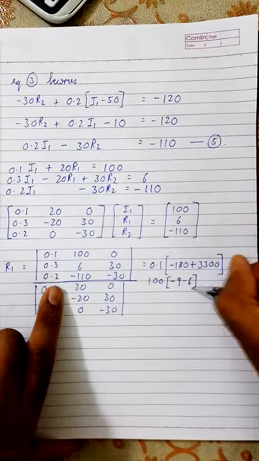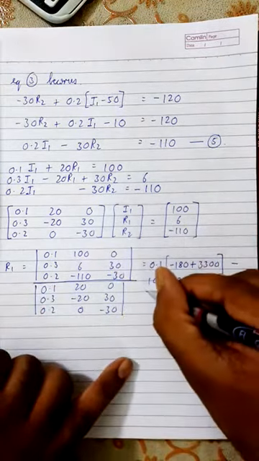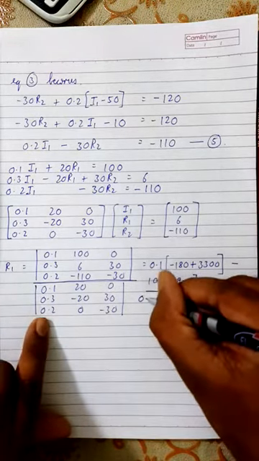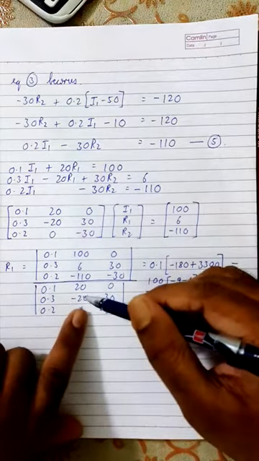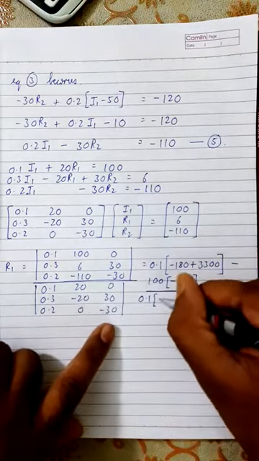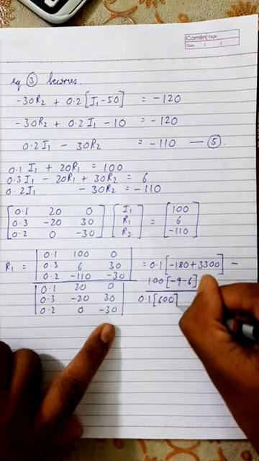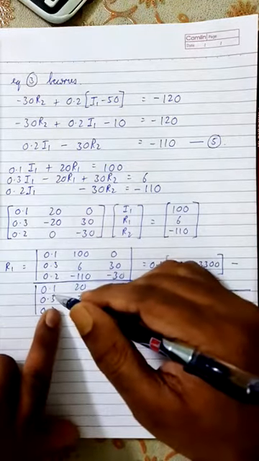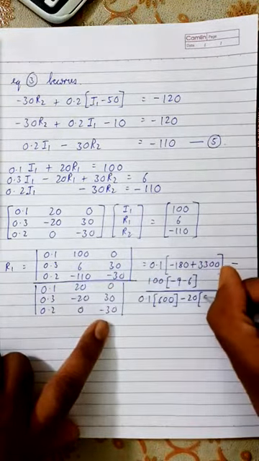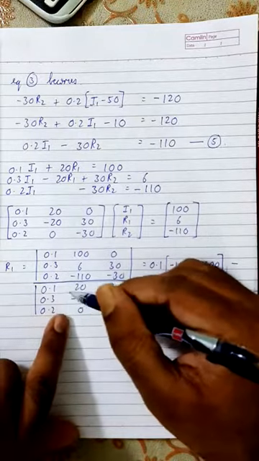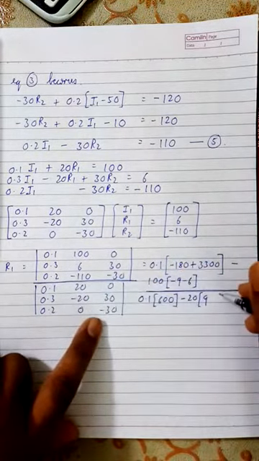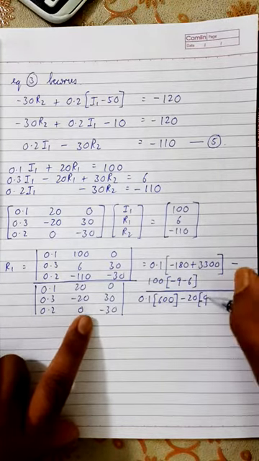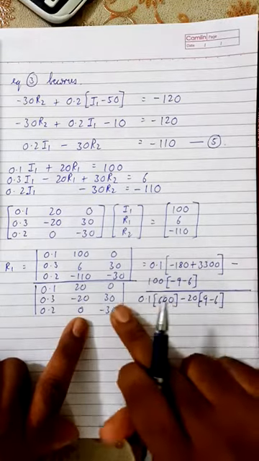Plus 0 into, that doesn't matter. Divide by, and as for the denominator, we have 0.1 into minus 20 into minus 30, which is 600, then minus 20 into 0.3 into minus 30 is minus 9, and minus 6, plus 0, that doesn't matter.